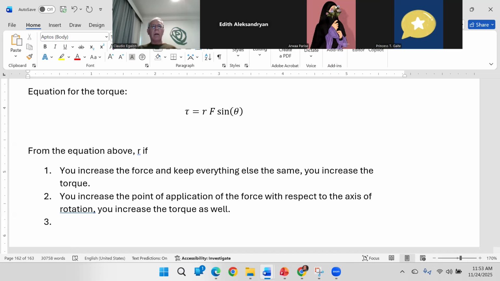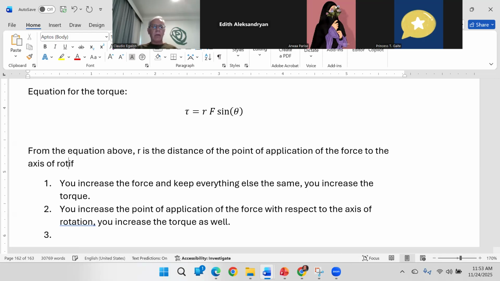R is the distance of the point of application of the force to the axis of rotation.